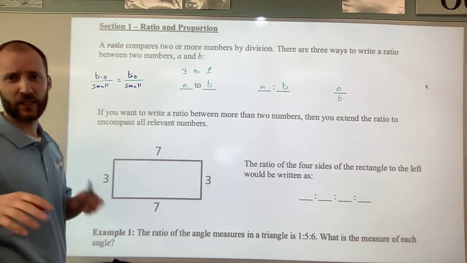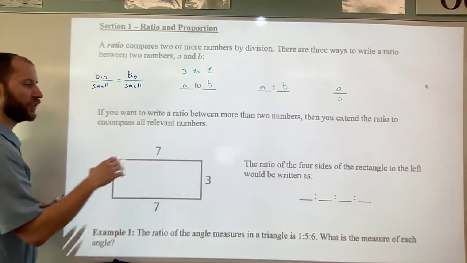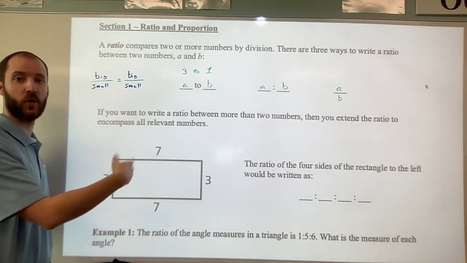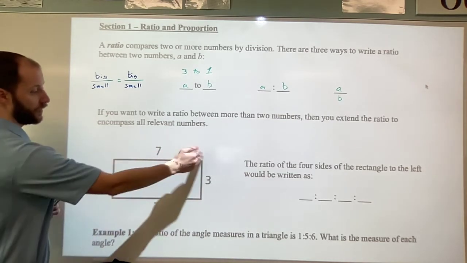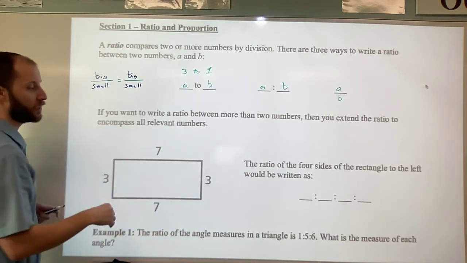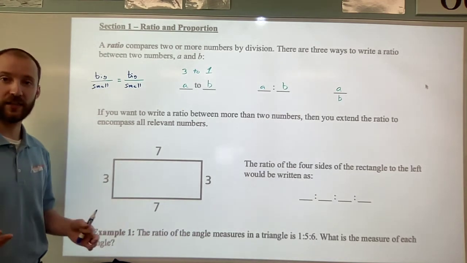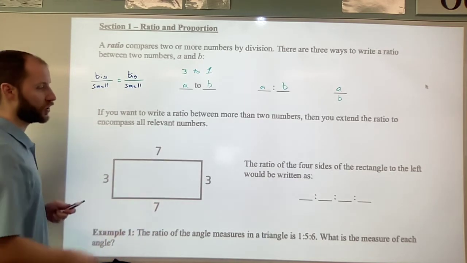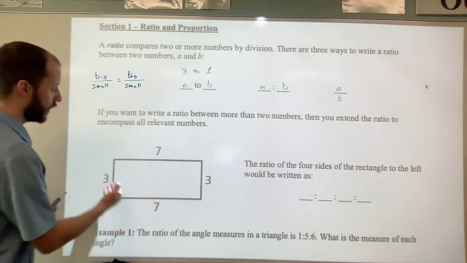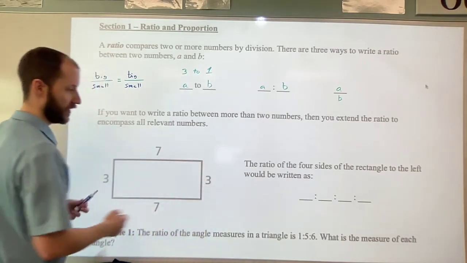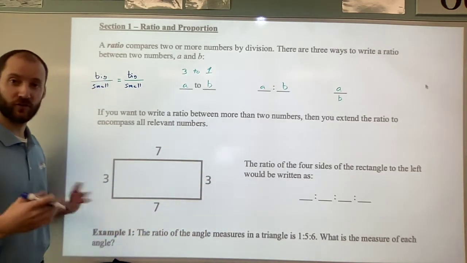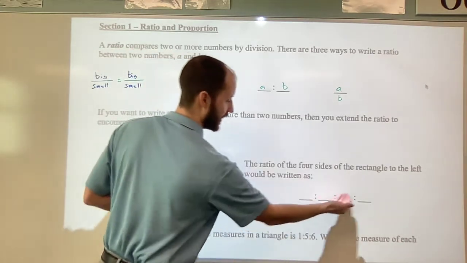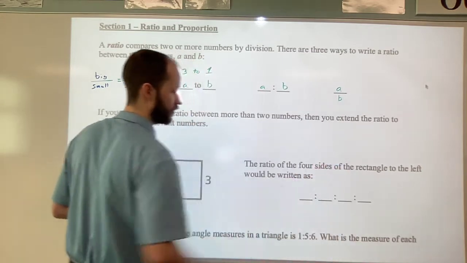So let's say a single ratio compares more than two objects. We just got out of chapter 6, looking at quadrilaterals. What seems to be a rectangle, but we knew it to be a parallelogram because there are opposite congruent sides. A 3 and a 7, a 3 and a 7. So we could write all 4 as a ratio, just comparing them. Over here, 4 blanks, 3 colons, doing that comparison.